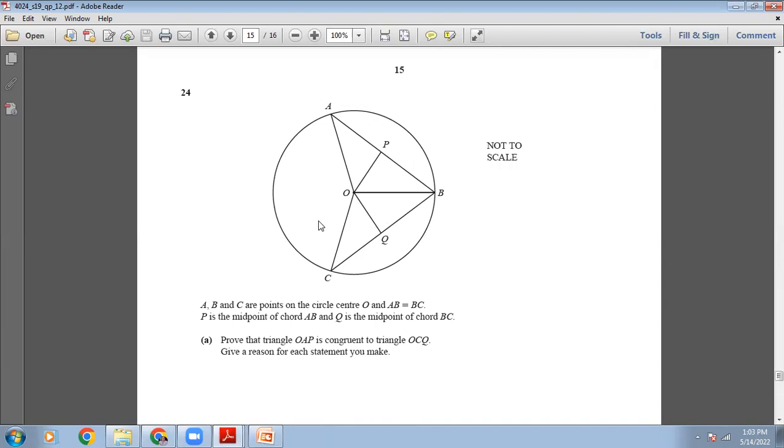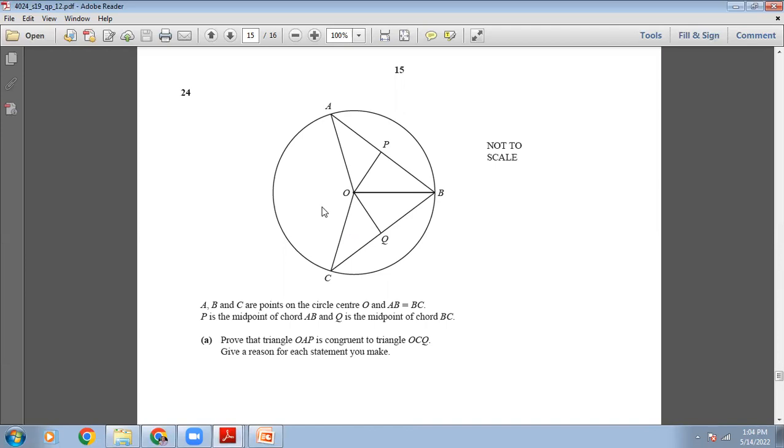And it's a very famous property that equal chords stand at equal distance from the center. So OP and OQ are also equal to each other. OP and OQ are the distances of those chords from the center.